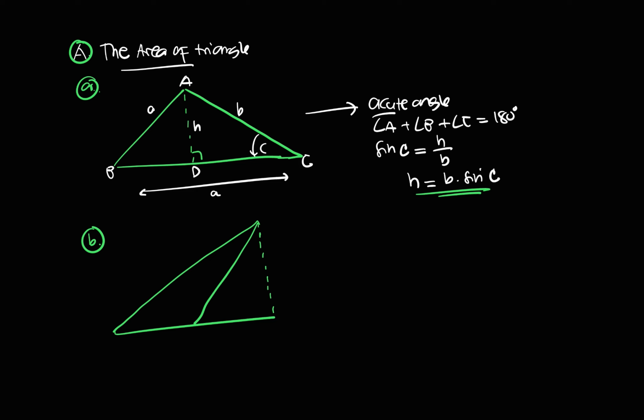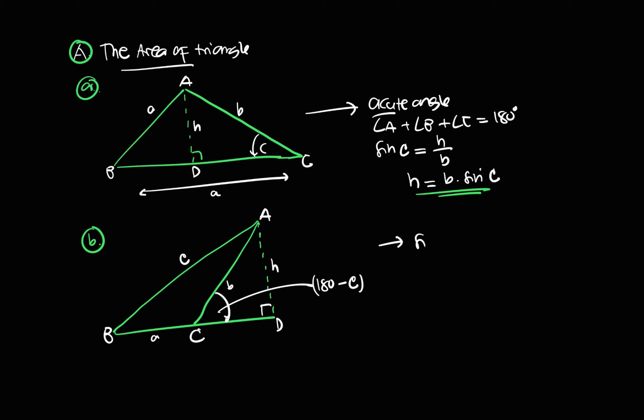So in the obtuse angle, this is B, C, D, A. That is C, A, B, H. And this is another angle, which is 180 minus angle C. And this is the right angle. So what we can learn from this, both are triangles, but one is acute, the above, and the below one is obtuse.